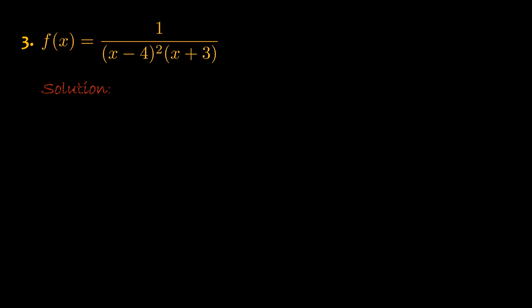3. f of x equals 1 over (x minus 4) squared times (x plus 3). Solution.